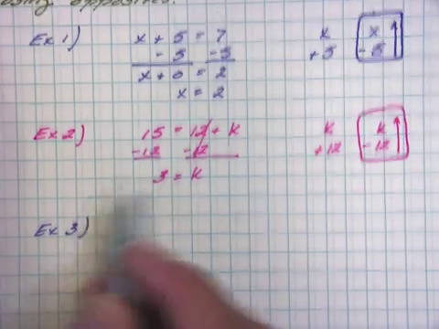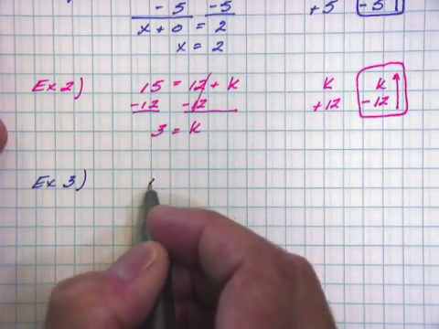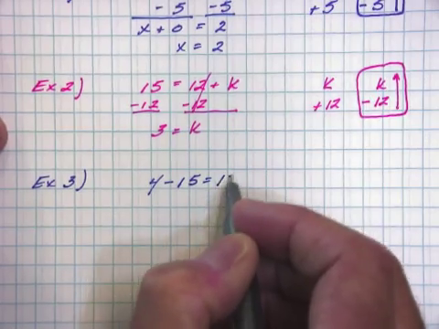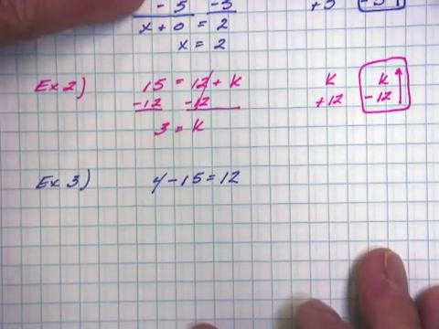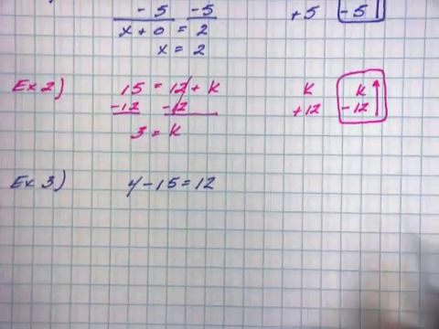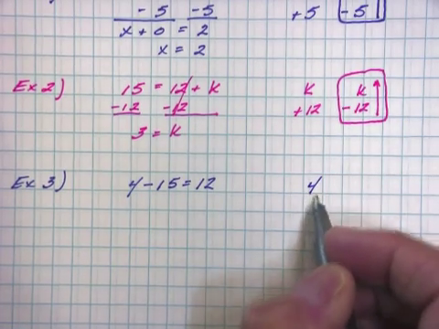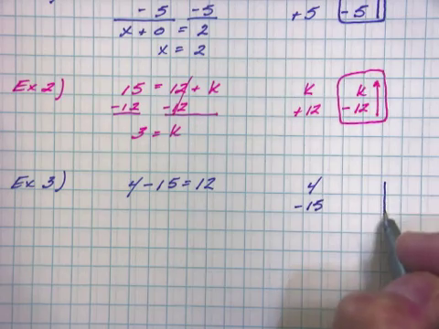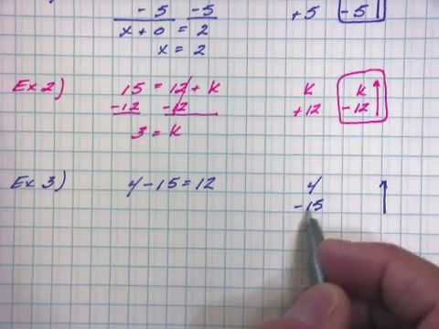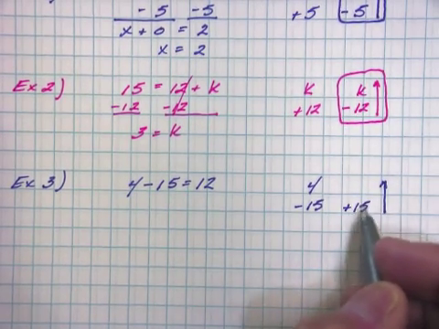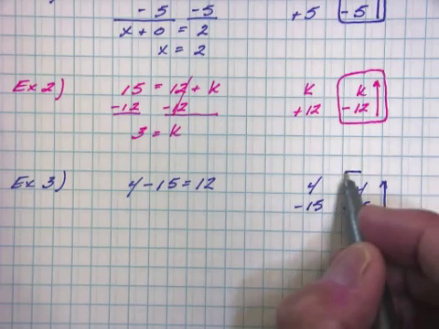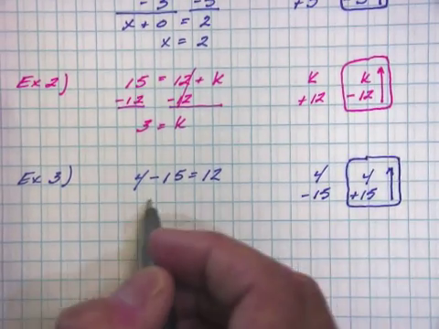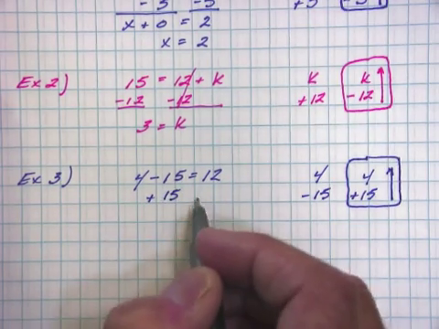Let's take a look at another one. Example 3. Okay, this is y minus 15 equals 12. This is different than the others because in this example I'm subtracting. So I come over here, I go y minus 15. Now, to create my roadmap, the opposite of subtracting 15 is adding 15, and that'll get me back to y.